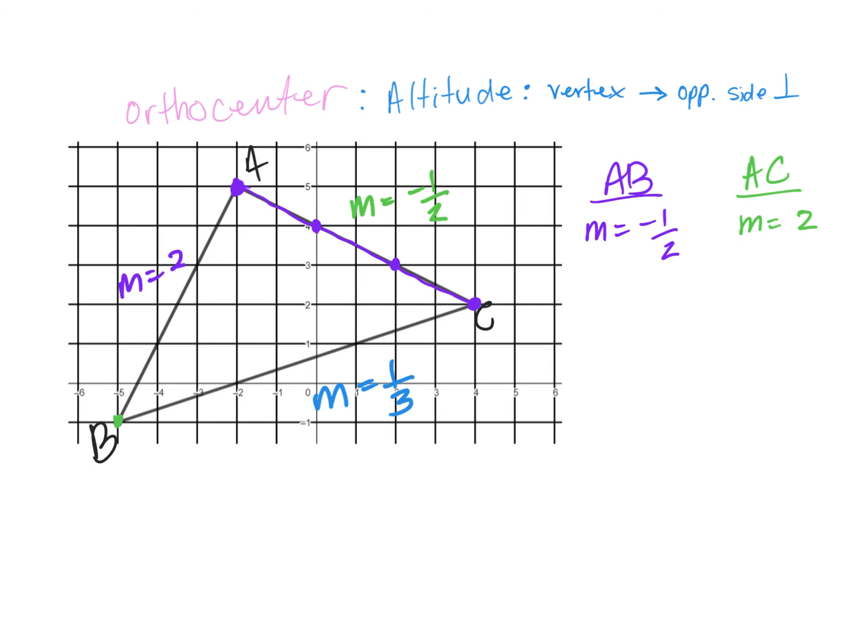So starting at point B, I'm going to use the rise over run, which is 2/1. So we're going to go up 2, right 1, up 2, right 1, up 2, right 1. Here's our altitude starting at vertex B.